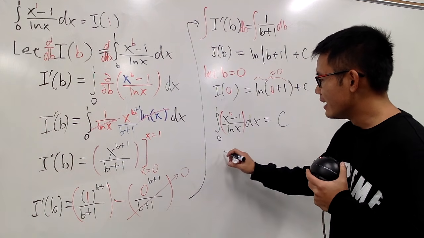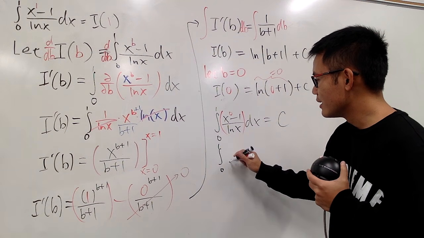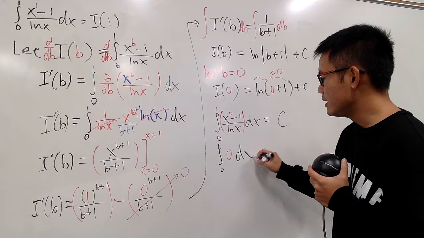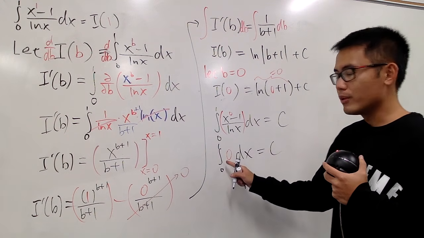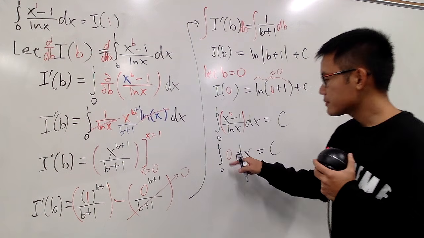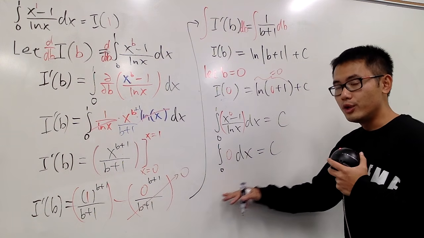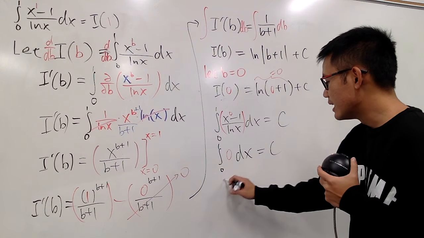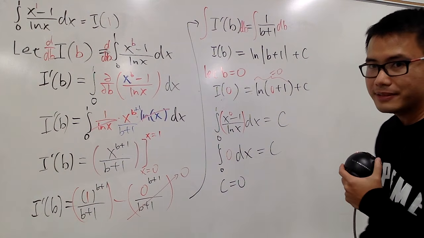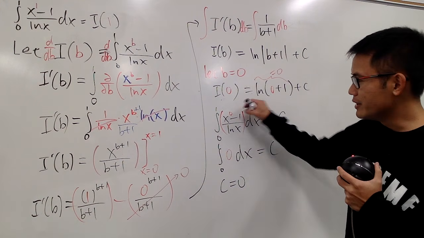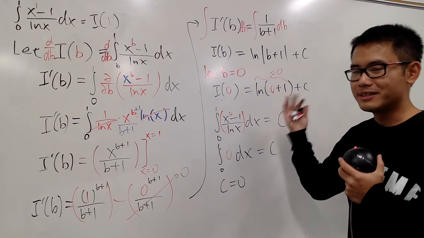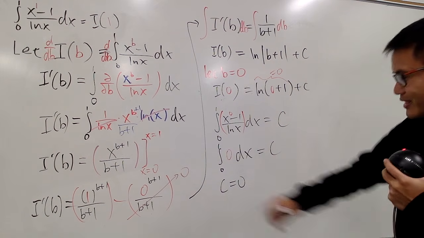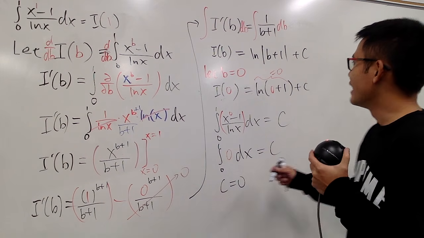All this inside turns out to be the integral from 0 to 1 of 0 dx, which is c. And when you integrate, if the function is 0, you don't get any area. So it doesn't really matter what this is anymore. You can say that c has to be 0. Once again, you do this inside out: 1 minus 1 is 0, that's pretty much game over. So you get 0.